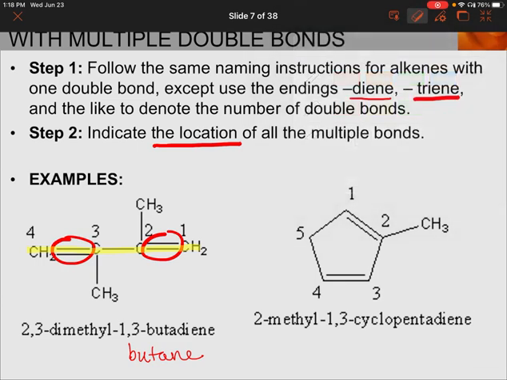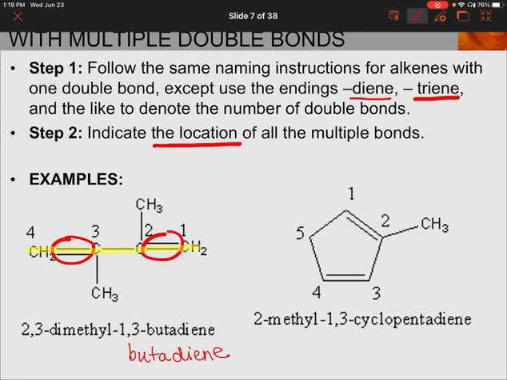So we're going to drop the ANE ending and write, well, we're going to keep the A actually. Otherwise it'd be butadiene, which I don't think we want to use that name. So we're going to put an A in there just to make it sound better. And we're going to call this butadiene.